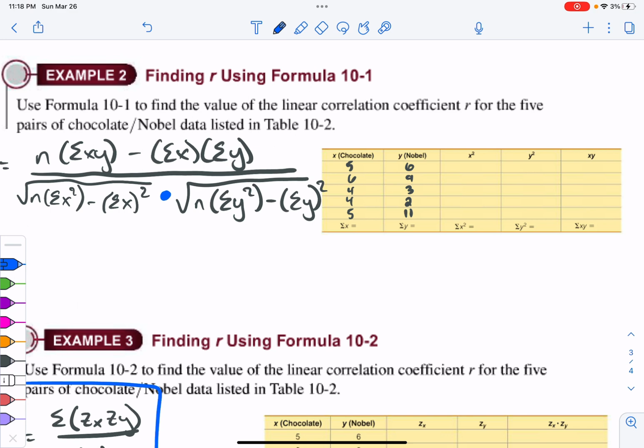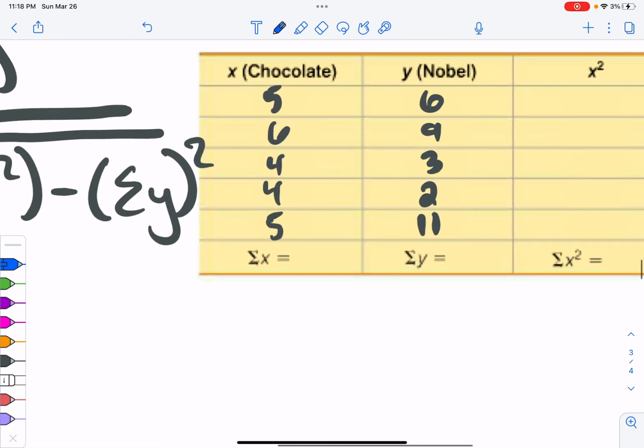Let's jump right in. I'm going to get my ugly calculator out here. First thing we want to do is, if these are all the X's and these are all the Y's, I want to add all of these up to get the sum of all the X's. That's what this little symbol means, the sum. So I want the sum of all the X's. So 5 and 6 and 4 and 4 and 5.